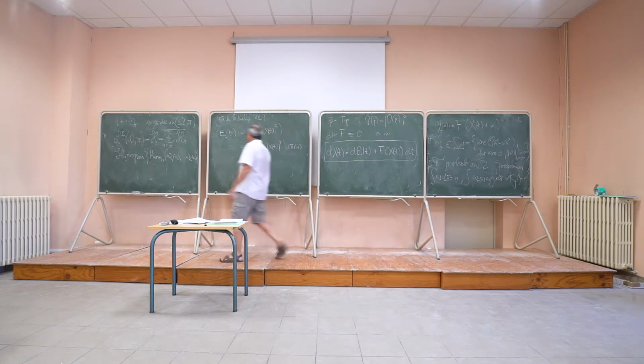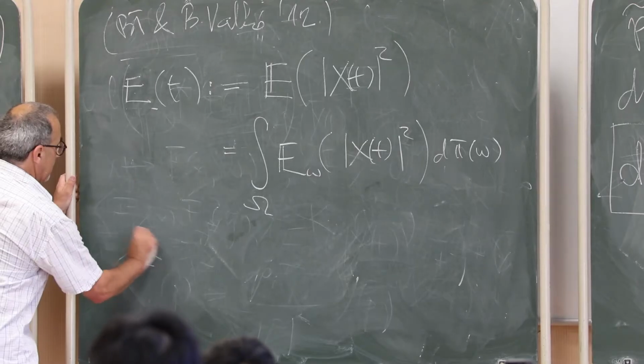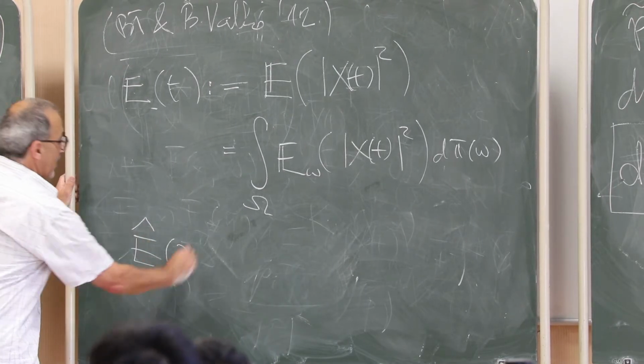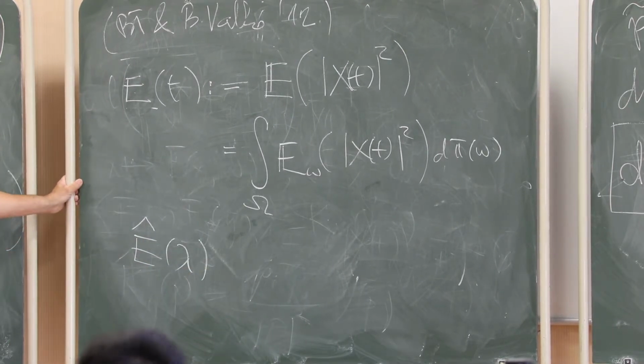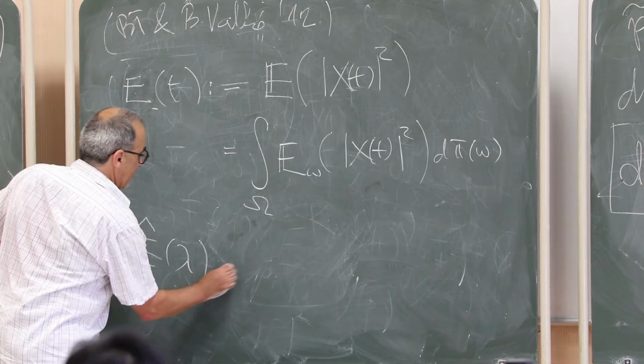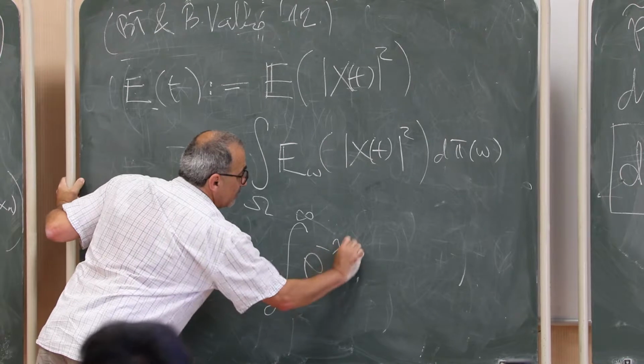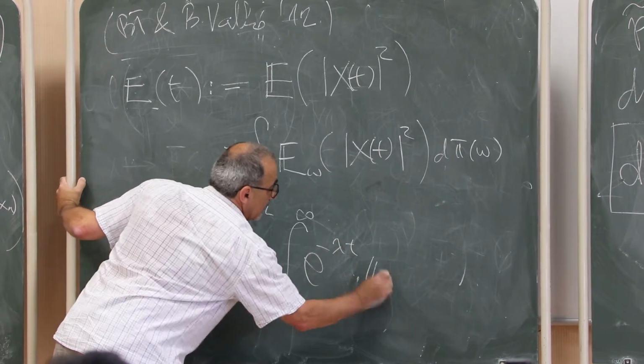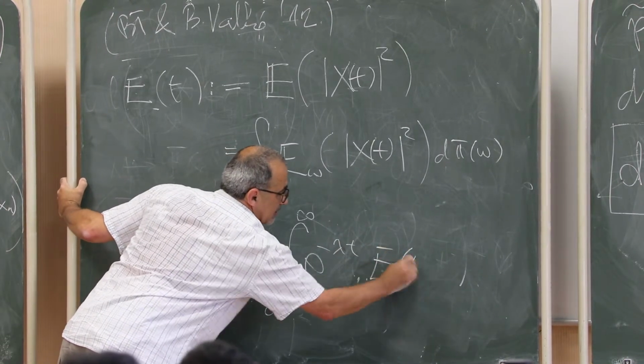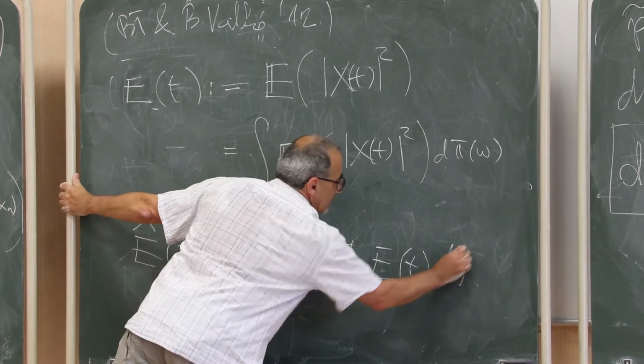And denote by E hat of lambda the Laplace transform of this, so the integral from 0 to infinity of e to the minus lambda t, E(t) dt.